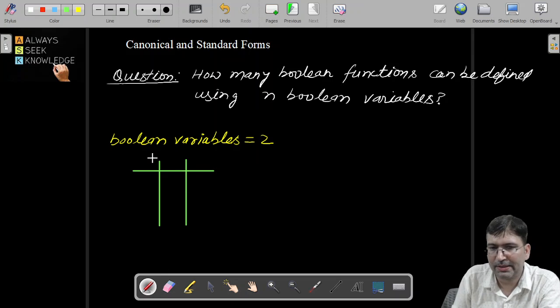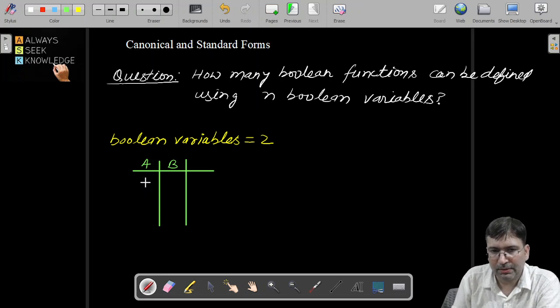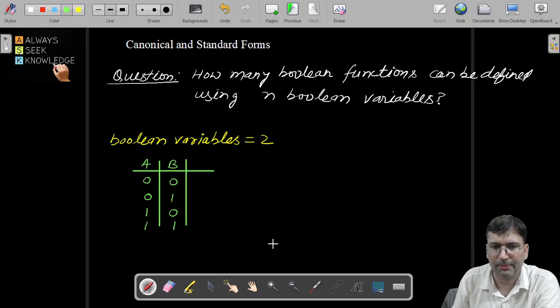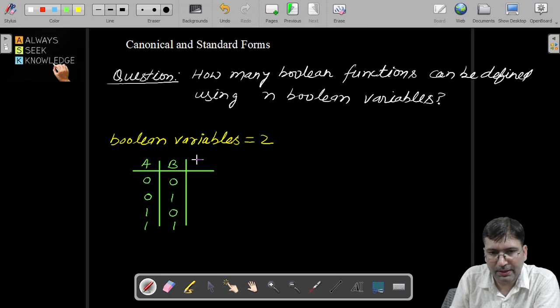Let's say the 2 Boolean variables are A and B. So we may have the combinations 0 0, 0 1, 1 0, and 1 1, right? So these four combinations, and based on that, let's say we are defining a Boolean function f.